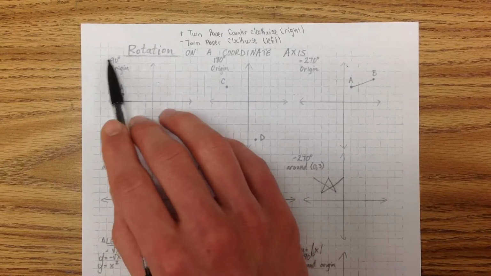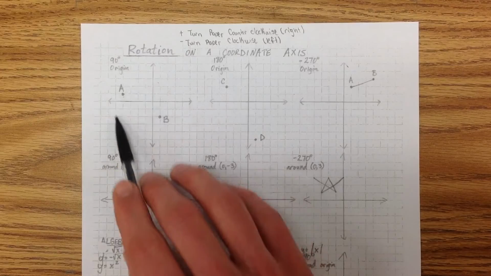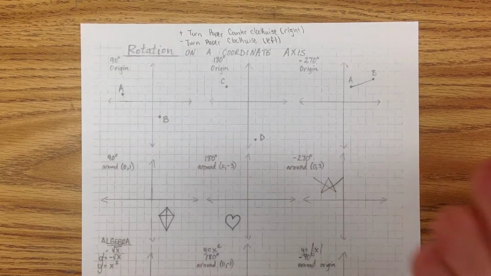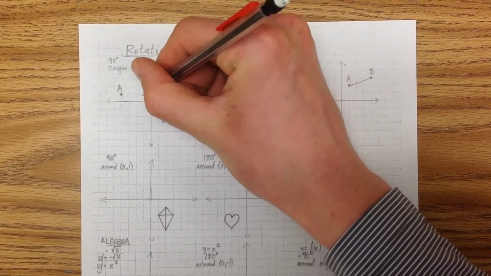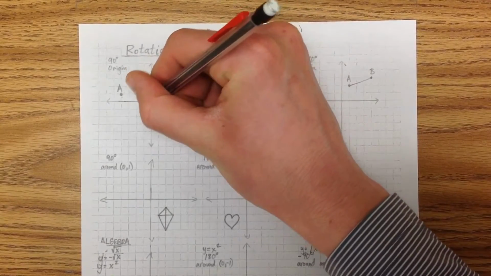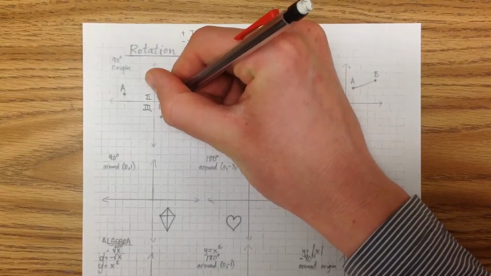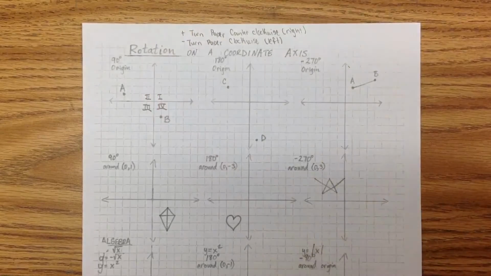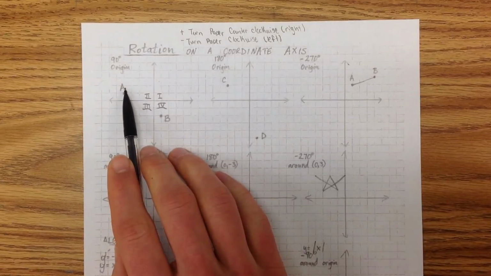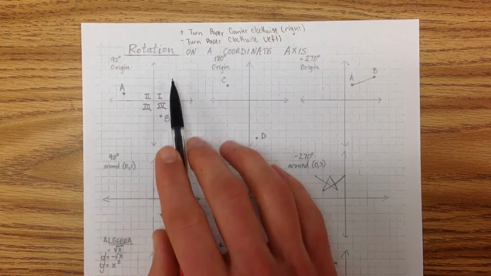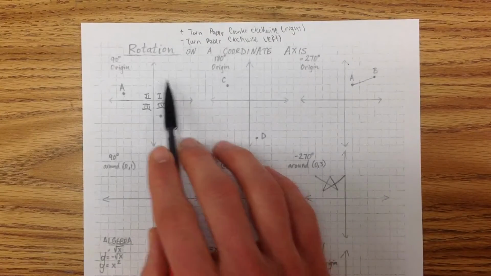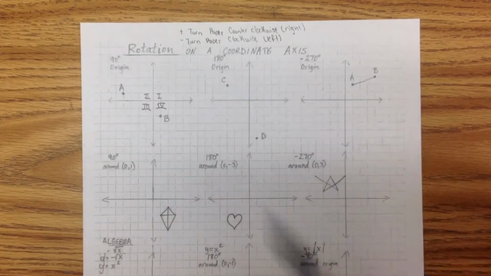So since I'm turning it a positive 90 degrees, I know it's going to end up in this quadrant. Remember, this is the first quadrant, second quadrant, third quadrant, fourth quadrant. Because it's in the second quadrant and I'm rotating it 90 degrees, it's going to end up in the third quadrant. If it was in the first quadrant and rotating 90, it would end up in the second, etc.